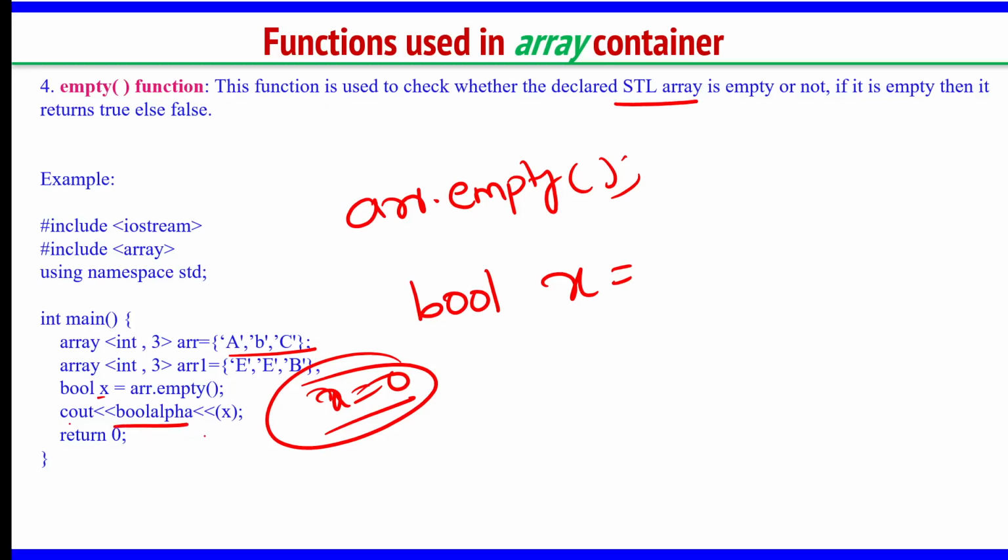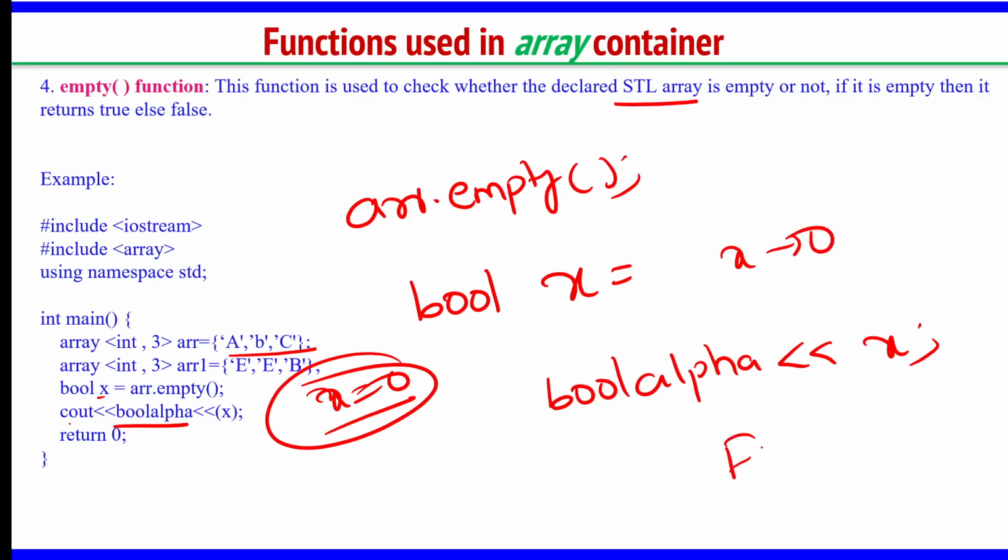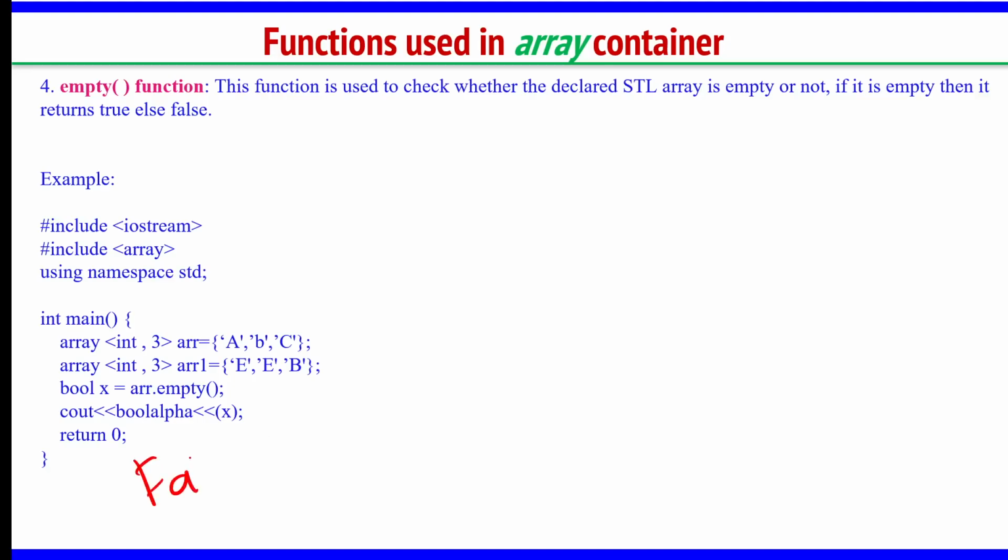For that, you have to use the keyword boolalpha. If x contains 0, it will print the value false. If x contains 1, it will print the value true. So, this output will be false, because the array arr is not empty.